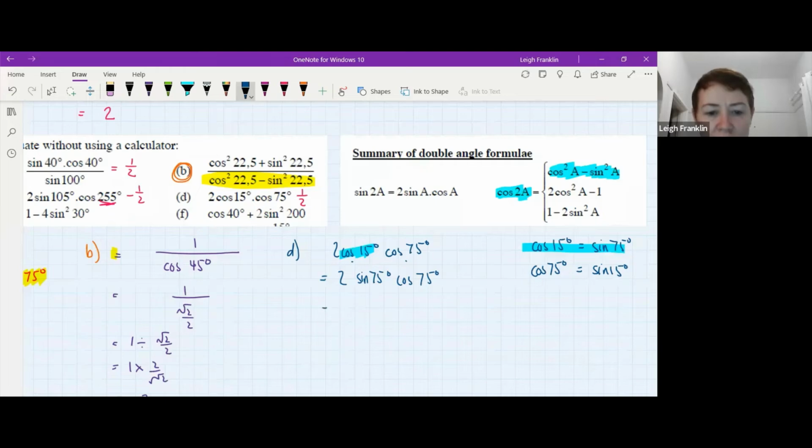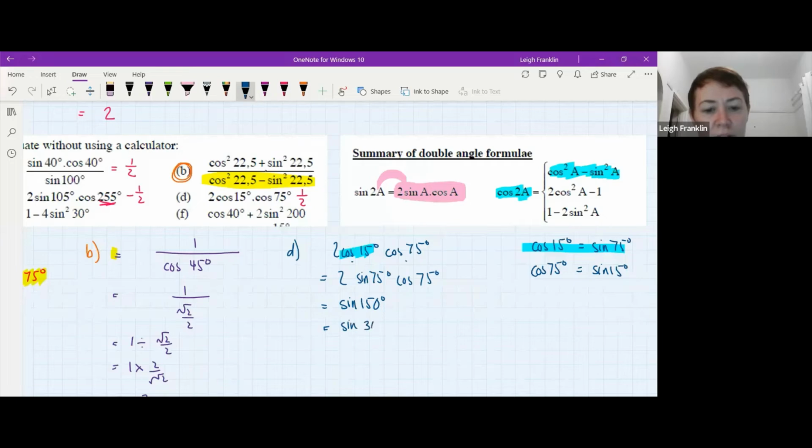The reason I want to change it is because it then looks like a sine double angle. Now I can do that with it. 2 times 75 gives me 150, so this becomes the sine of 150.